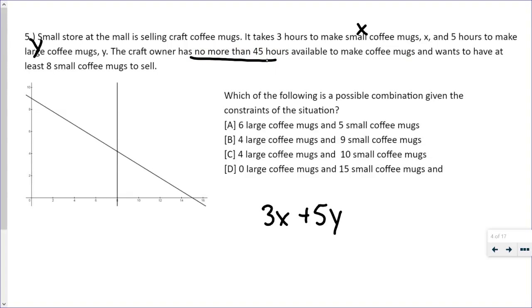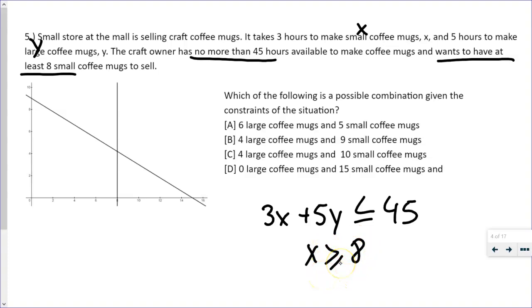So that means it has to be 45 hours or less, all right? Now, it says the owner wants at least 8 small coffee mugs to sell. So I need to have at least, which is equal to 8 or more, of the small coffee mugs, which is represented by X.